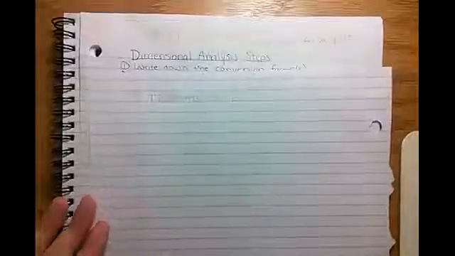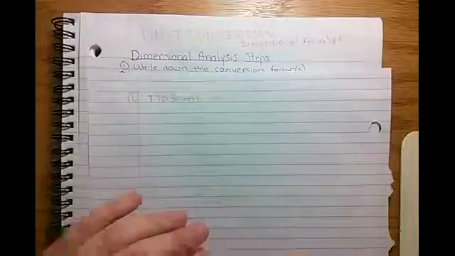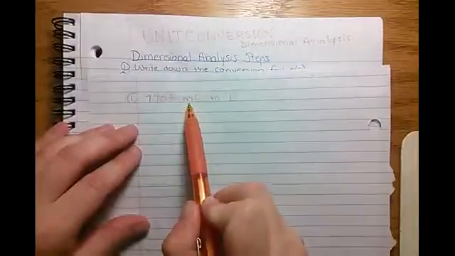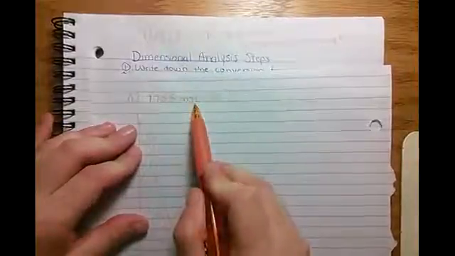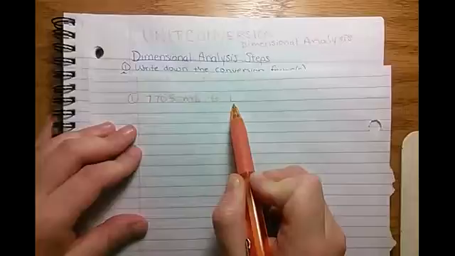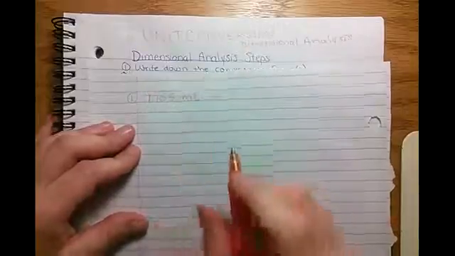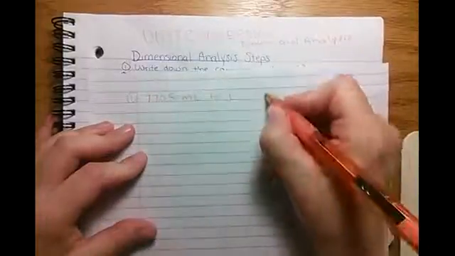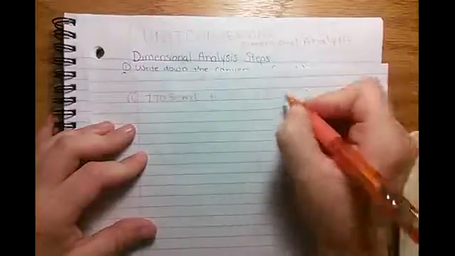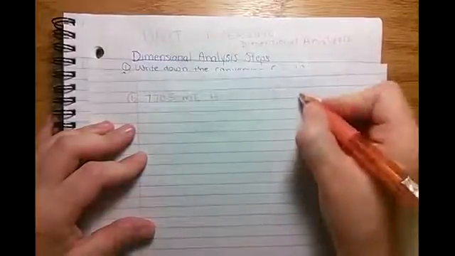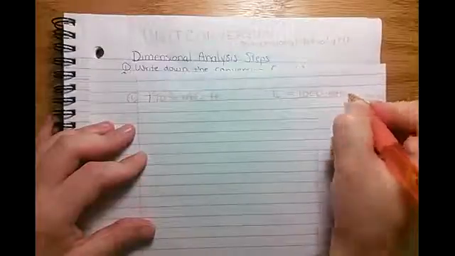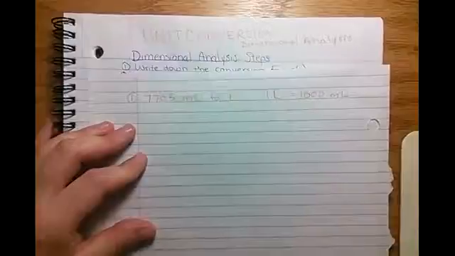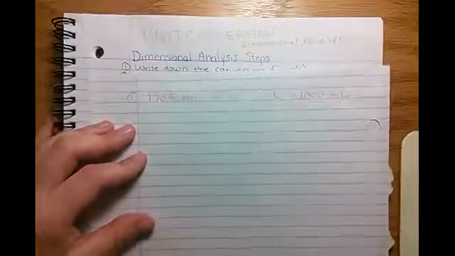In other words, we have to write down an equation that relates milliliters to liters. Now, milli is 1/1000th. What this means is that 1 milliliter is 1/1000th of a liter. The easier way to write that is that in 1 liter, there are 1,000 milliliters. Okay? That is our conversion factor.